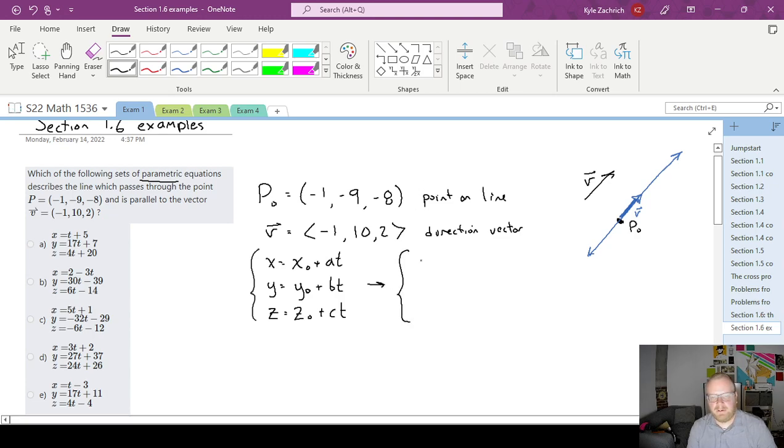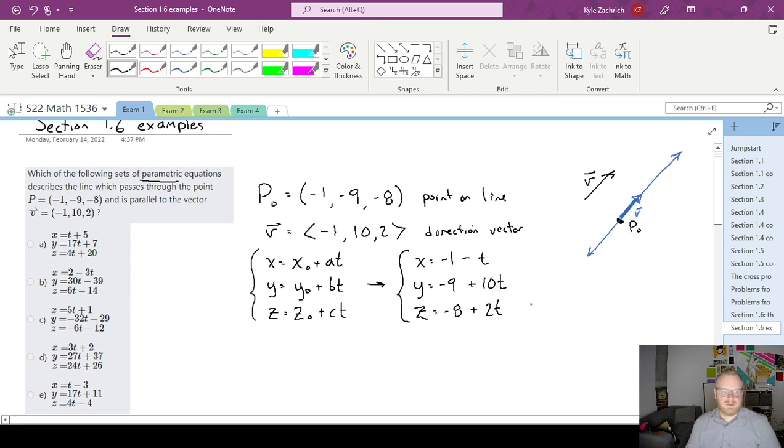But this one, if we plug in our values here, we get x equals -1, y equals -9, z equals -8. This is going to be -1t plus 10t and plus 2t.